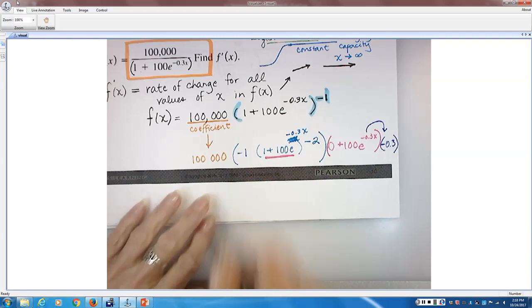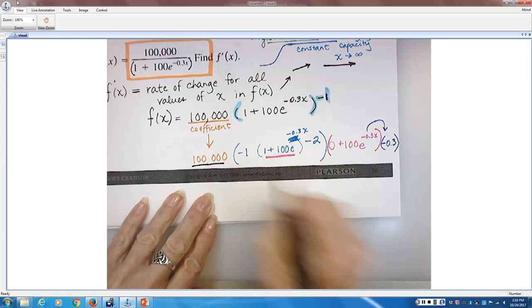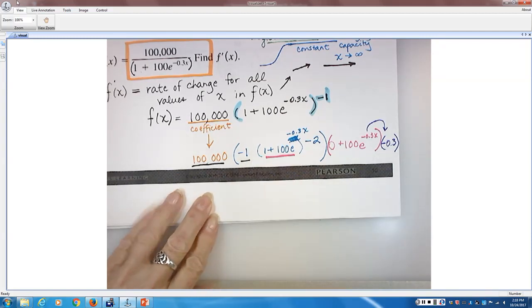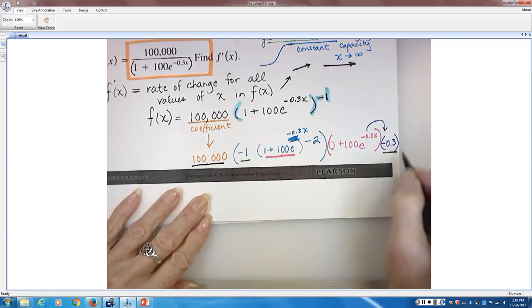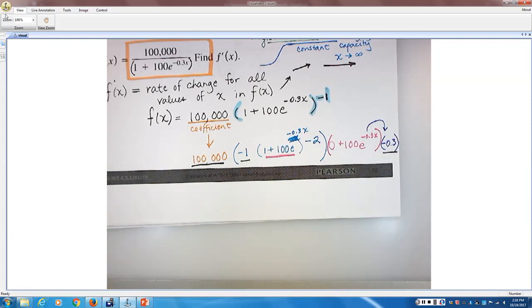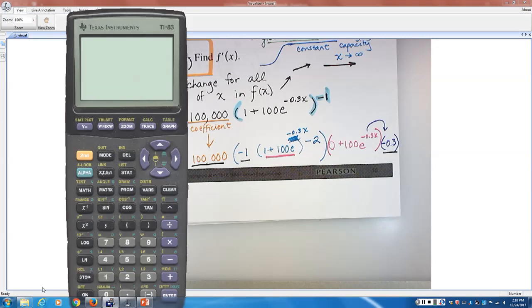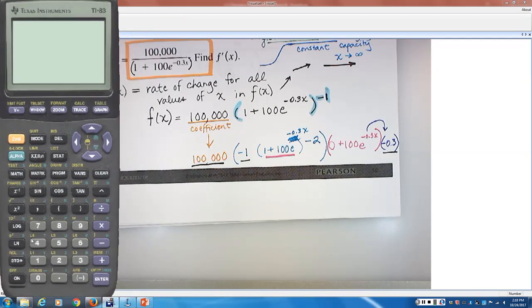So I can combine 100,000 times -1, which gives me negative 100,000, times negative 0.3, just to be sure I get all my zeros right. 100,000 times -1 times negative 0.3 is 30,000.